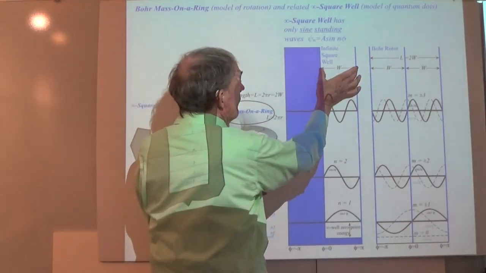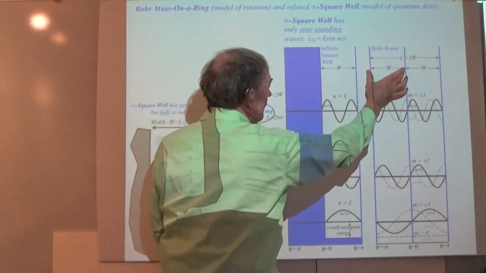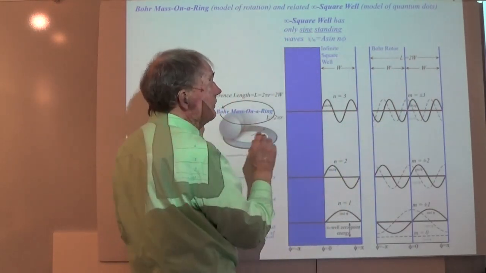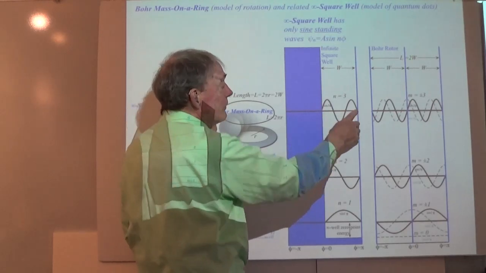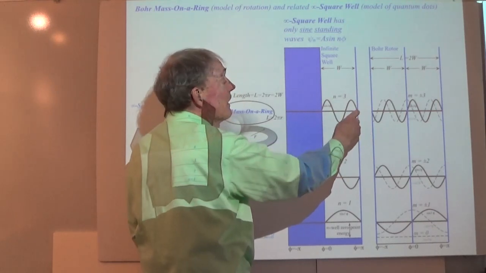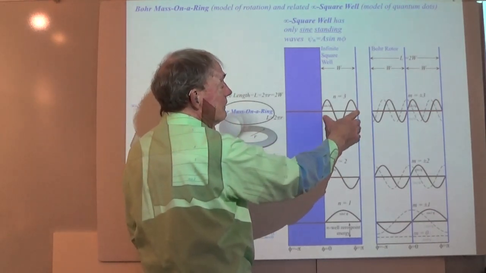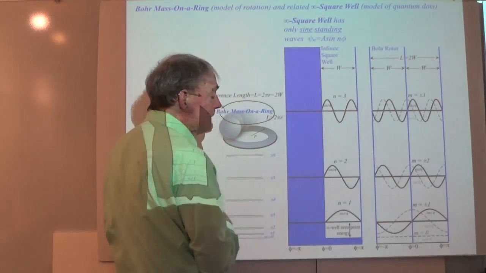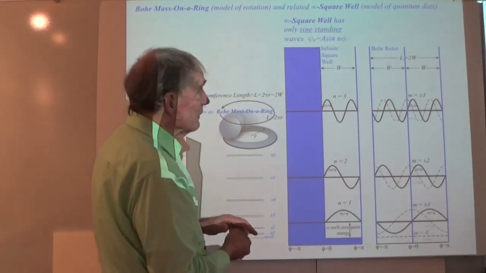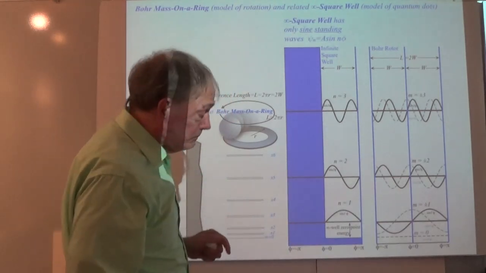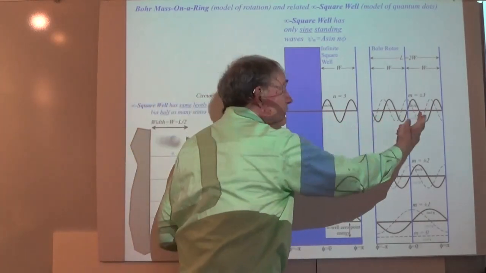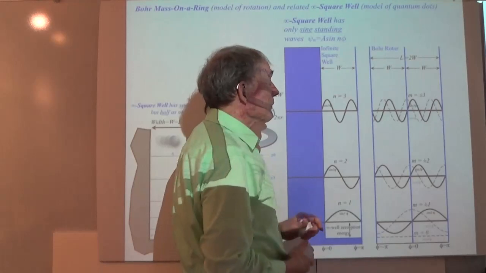The empty space here, W, is the same as the half of the space that's over here. But this one only has sine standing waves because the boundary conditions force us to have 0 values of the function, but not necessarily 0 values of the derivative at the ends. And in fact, all the eigenfunctions have non-zero values at the edges of this. But that connects very nicely in this case because it gets to go all the way around.